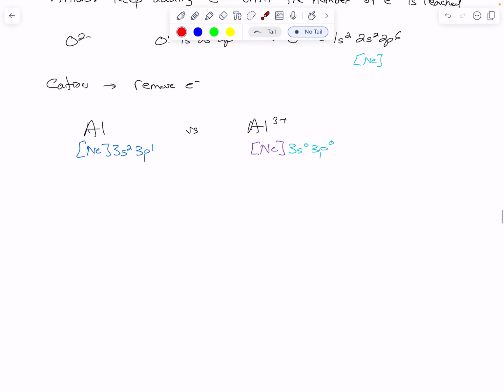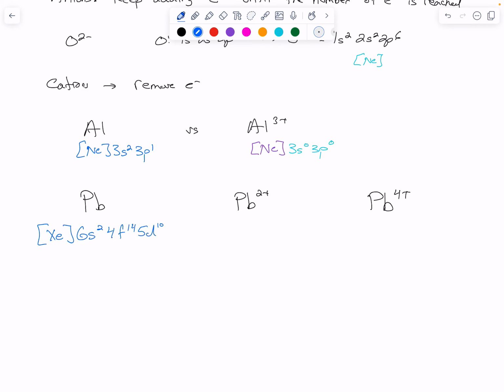Now, let's talk about a different one. Let's talk Pb, Pb2 plus, Pb4 plus. If I look at lead, it should be xenon 6s2, 4f14, 5d10, 6p2.